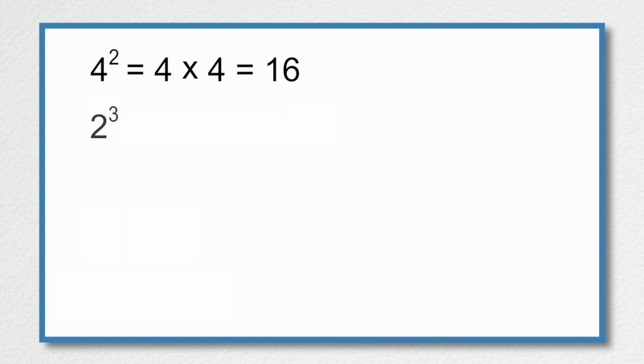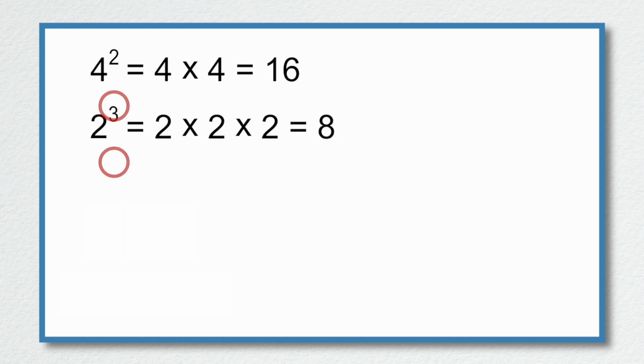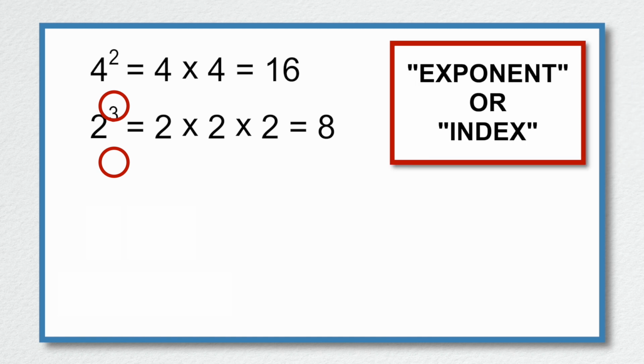And if I had 2 to the power of 3, otherwise known as 2 cubed, we would have 2 times 2 times 2, which is equal to 8. Now this power, this number here, is called the exponent or the index.